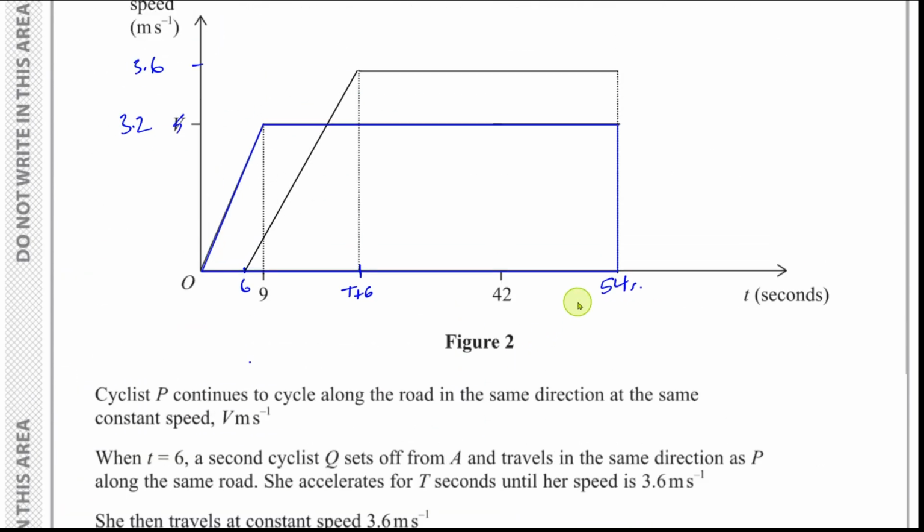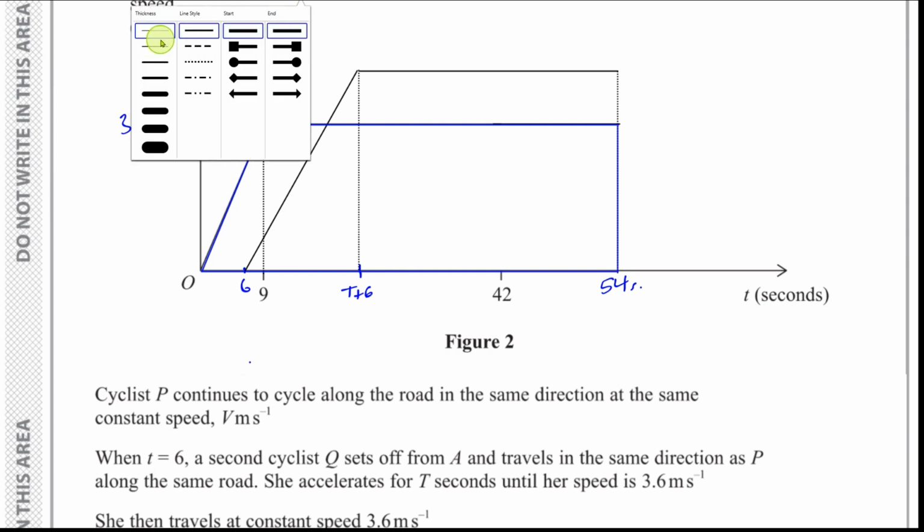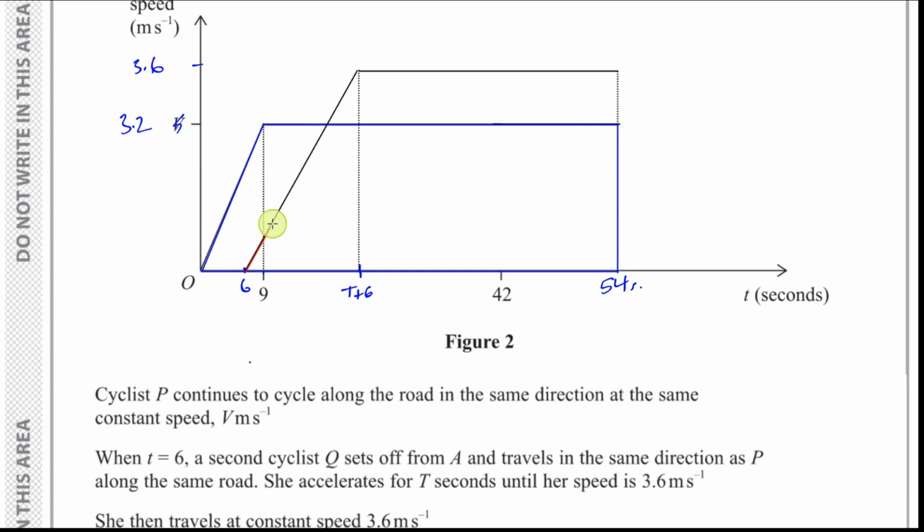As for Q, I'll just choose a different color. I'm going to have a red line. Okay, so this is for Q. I'm going to look at this trapezium, because we know that the area under a speed time graph will tell us about the distance that they traveled.